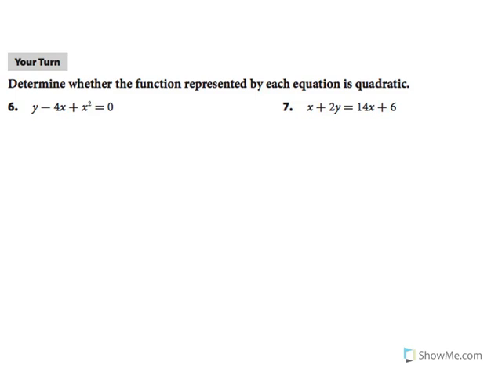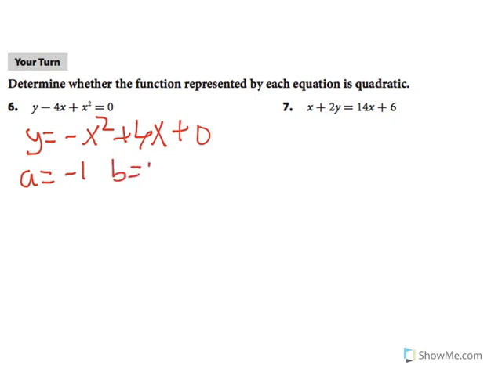Okay, so for these two examples, determine whether the function represented by each equation is quadratic. Here we can solve for y. So y equals negative x squared plus 4x plus 0. Then a is negative 1, b is 4, and c is 0.